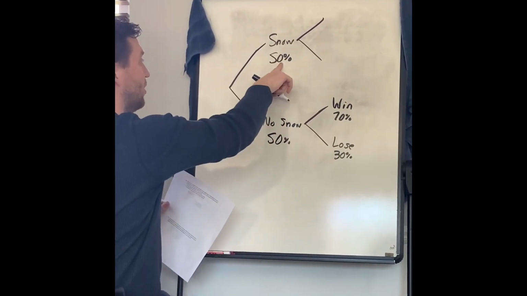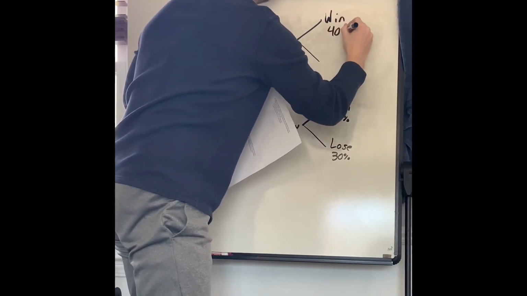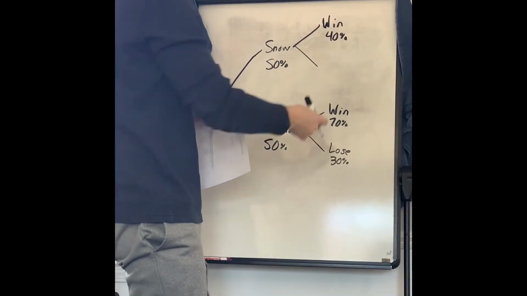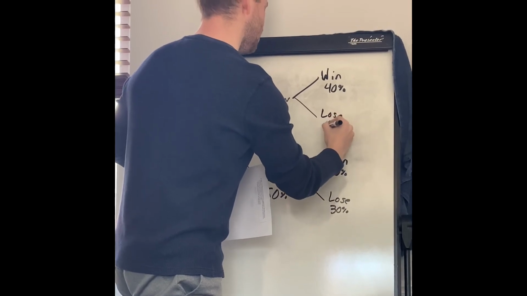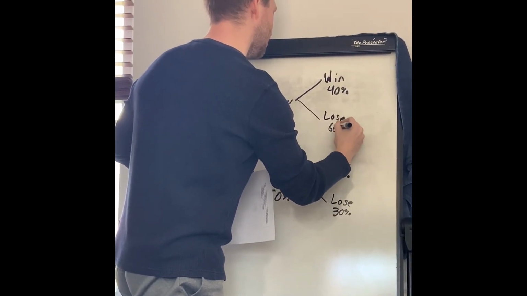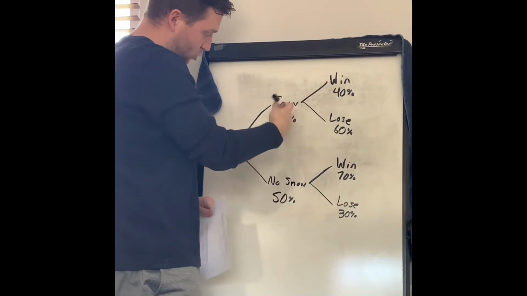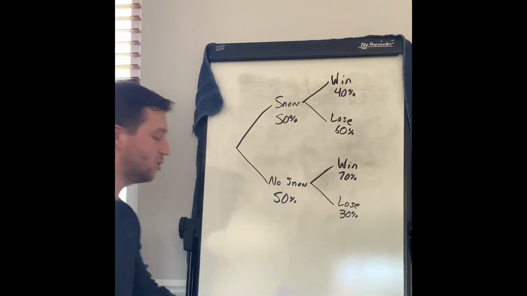So go up to where when it snows, there's only a 40% chance that they win. Again, it's got to add up to 100, so that means this, for a loss, has to be 60%. All right, now each category adds up to 100. 100, 100, 100. Our tree diagram is correct.